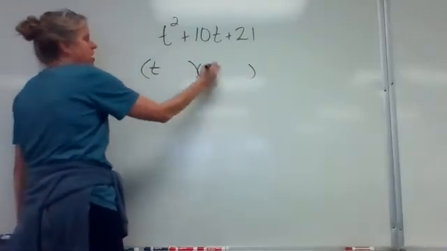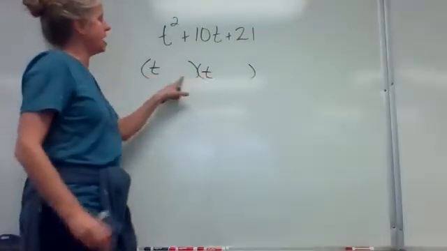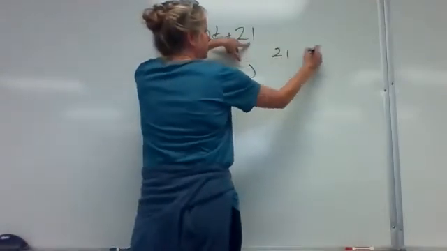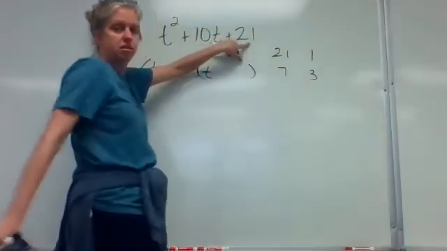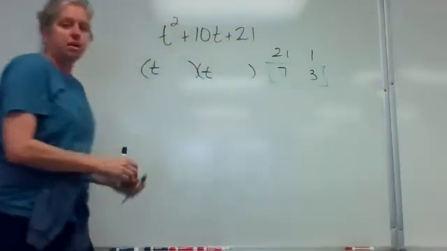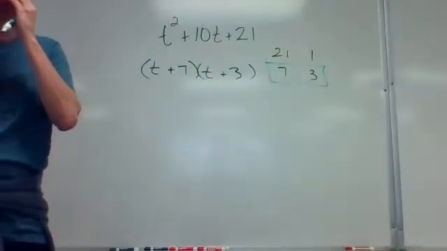To get t squared, I will need t and t. Now remember, these last numbers are going to need to do 2 things. Multiply to give me 21. And at the same time, add to give me 10, which would be a positive 7 and a positive 3.